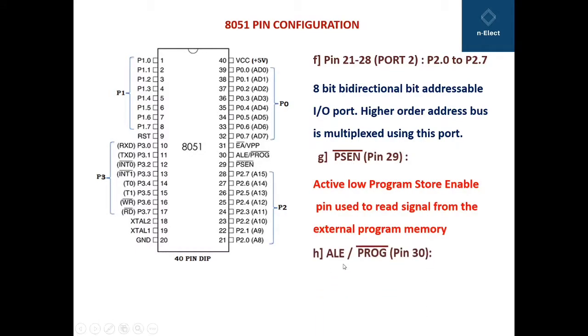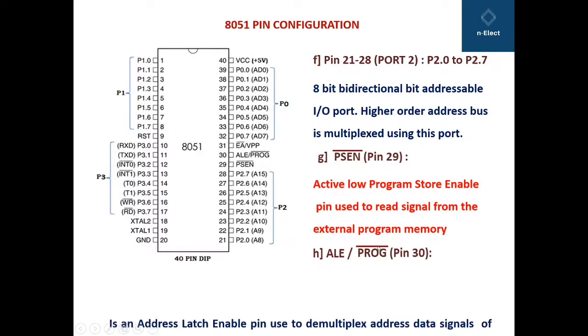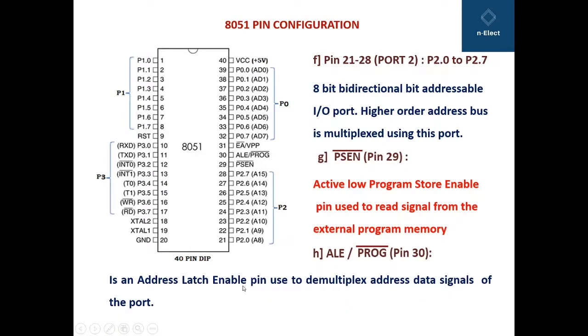Then ALE or PROG bar, means this pin is also performing alternative functions, ALE also and PROG bar also, that is pin number 30. ALE is address latch enable, used to demultiplex address data signals of the ports.